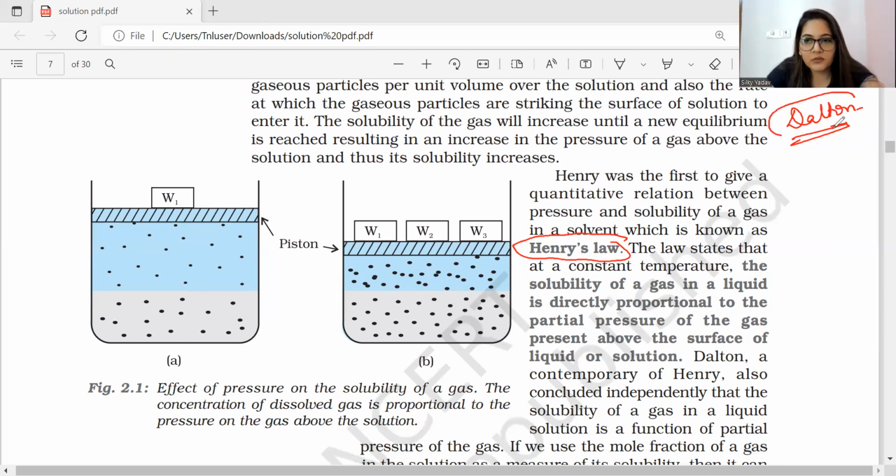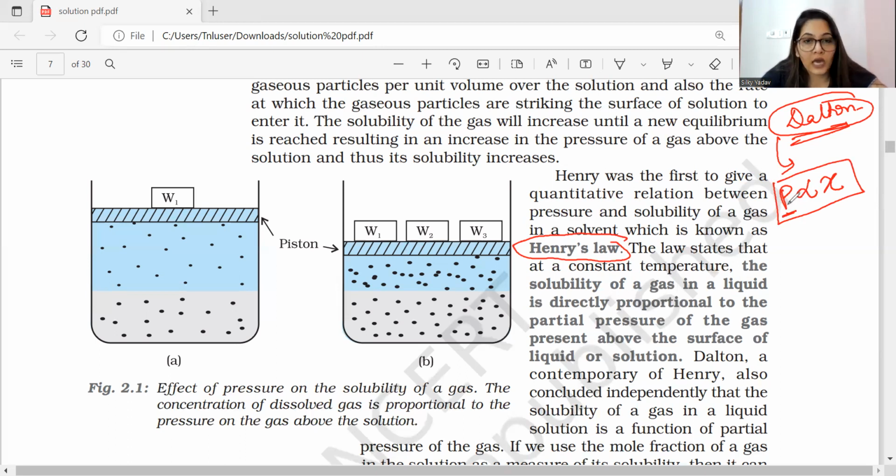So Dalton at that time said that the partial pressure of the gas above the liquid is directly proportional to the concentration of gas present inside the liquid. This is what I'm saying.